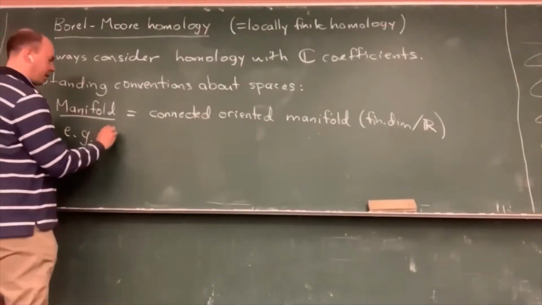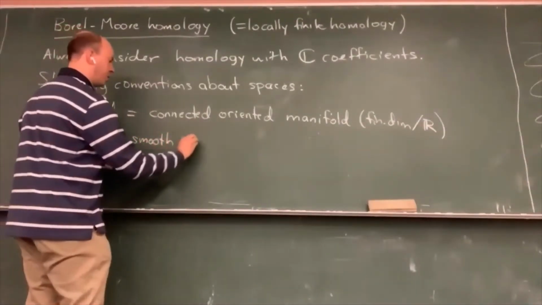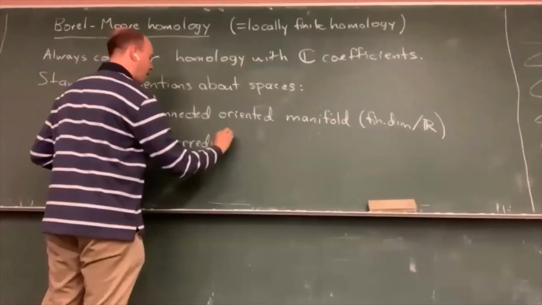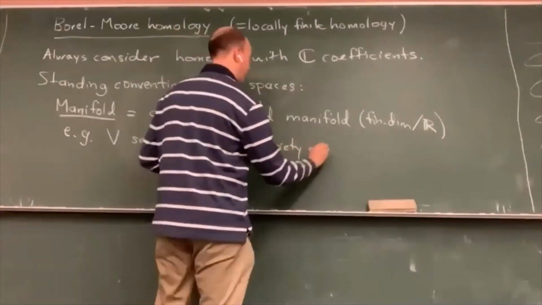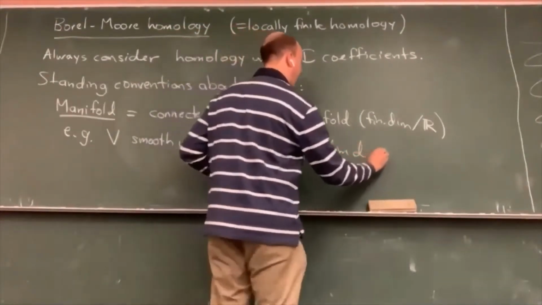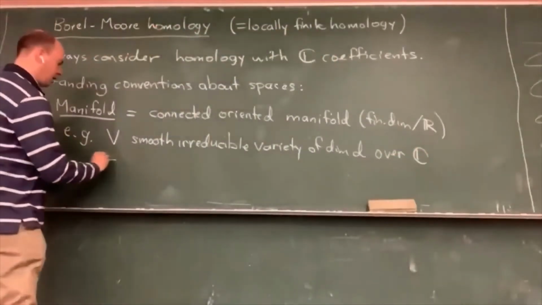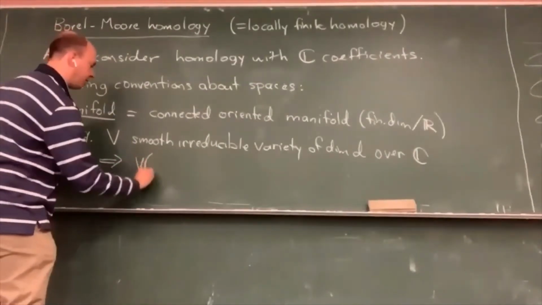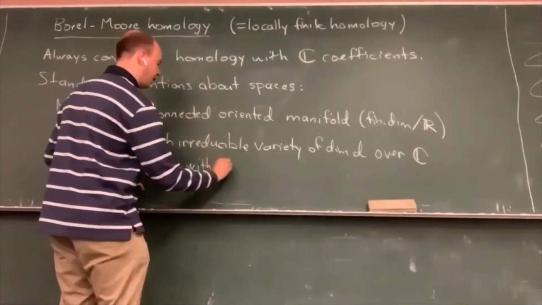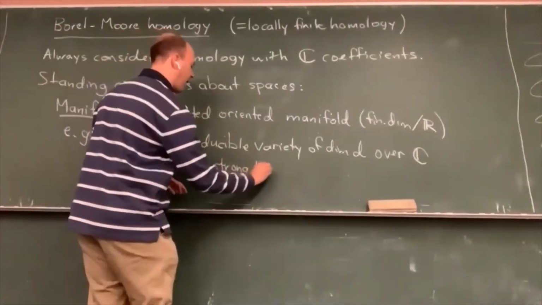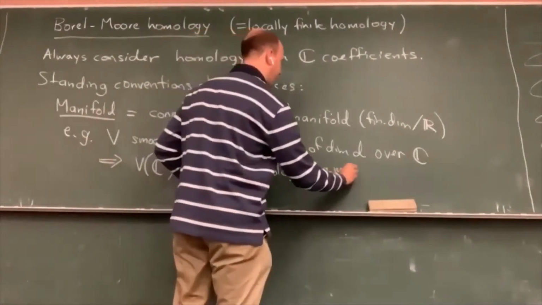So if V is a smooth, irreducible variety of dimension D over C, then the set of C points of V with the strong topology is a manifold of dimension 2D.